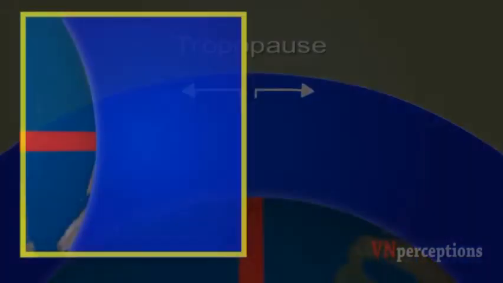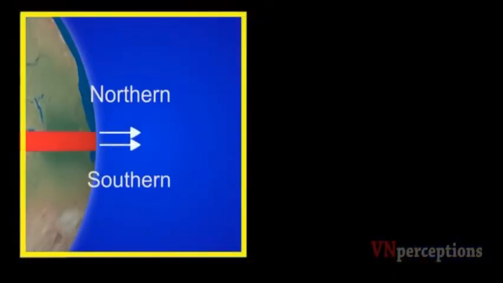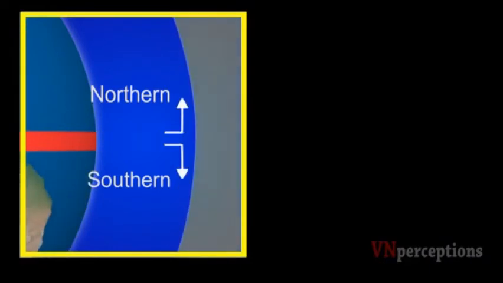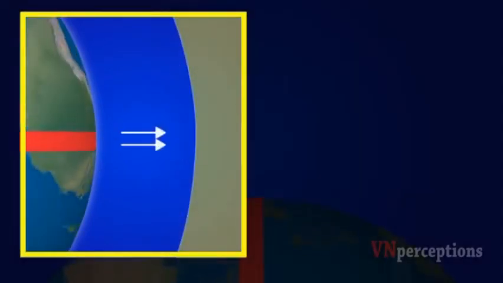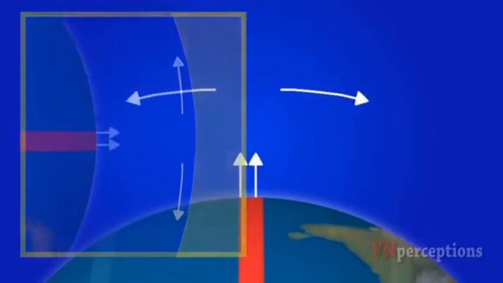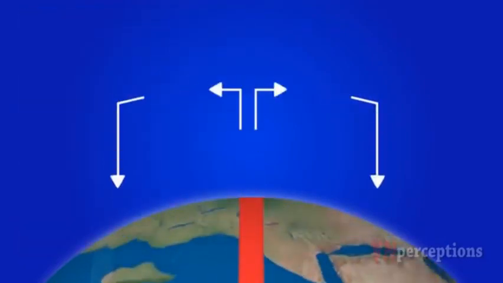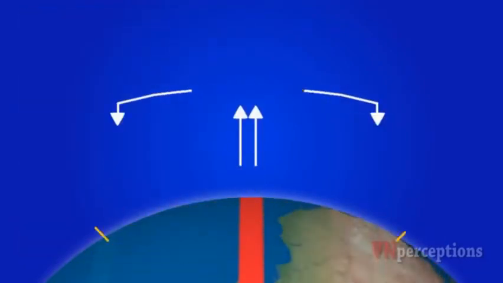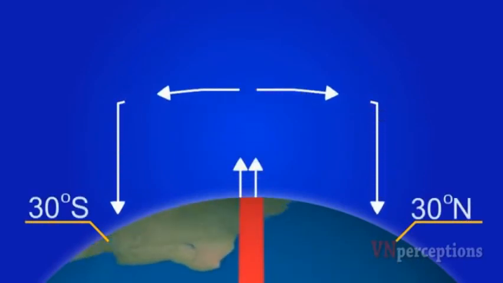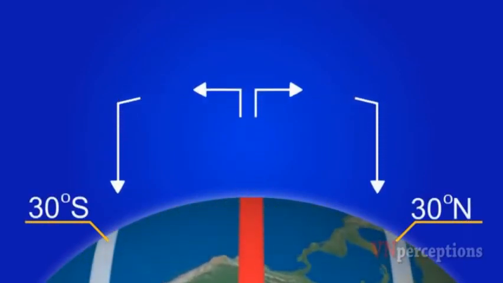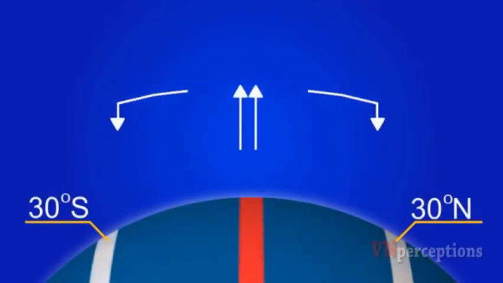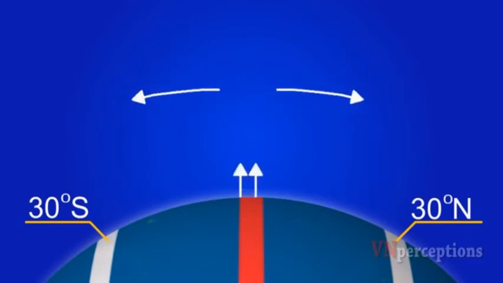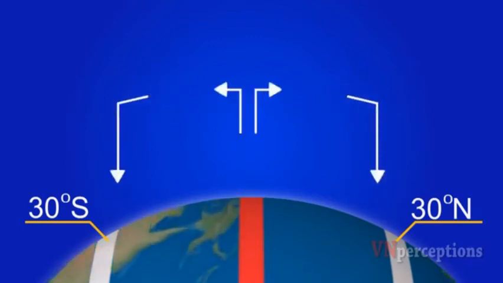The air starts moving in the southern and northern direction. As the air is moving, it becomes denser, and after a certain point, it sinks down to the surface. So, at around 30 degrees north and south, we have sinking air. This sinking air is cool air, so it forms high pressure systems.